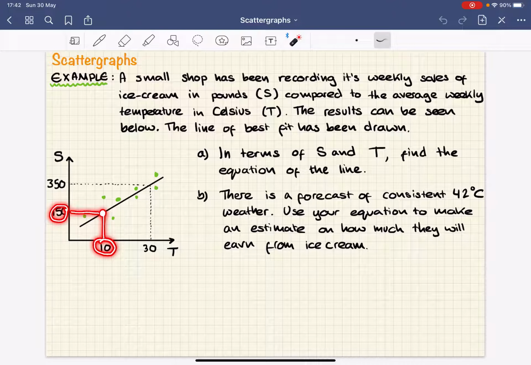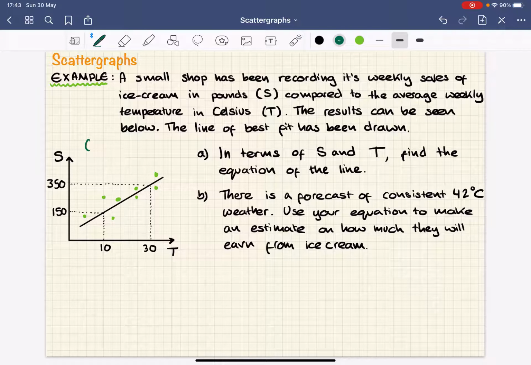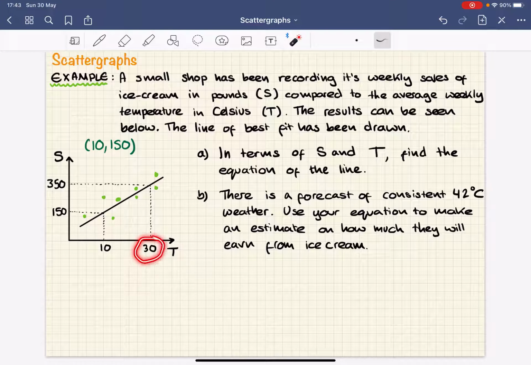I say quote-unquote because we've got the S here instead and a T there instead, but we'll deal with that at the end. So my first set of coordinates is going to be 10, 150, because remember our x coordinate comes first and then our y coordinate. And then our second one is going to be 30 and 350.